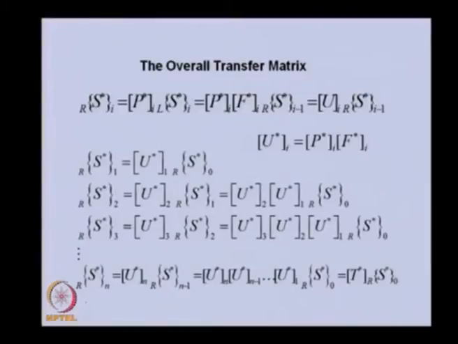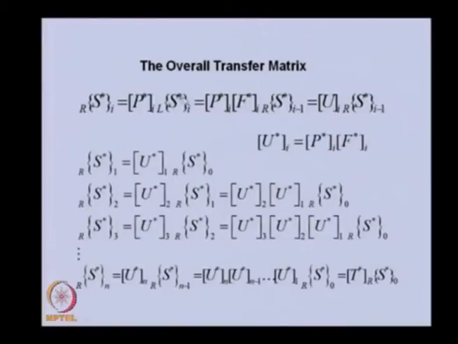Earlier we derived the point matrix, which was relating the state vector right of the ith disk to the state vector left of the ith disk. Also, we related the state vector left of the ith disk to the right of the i minus 1 disk using the field matrix.